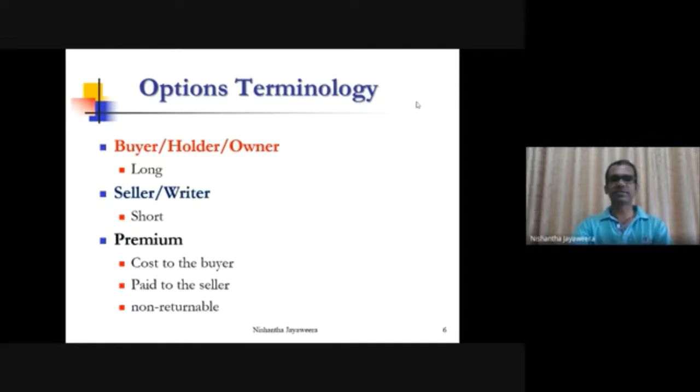That means any time before the maturity, the buyer can exercise the right. But in a European option, there's no flexibility. Only on the maturity date, the buyer can exercise the right.